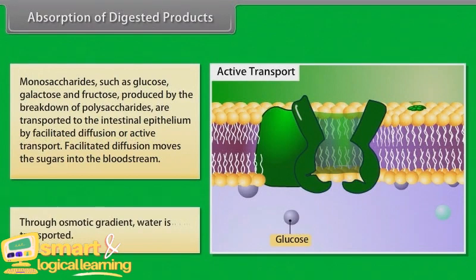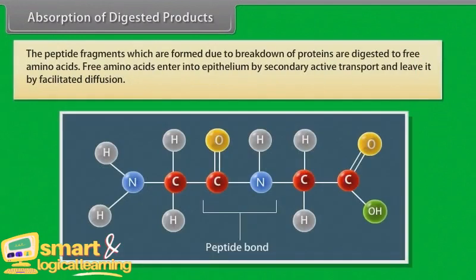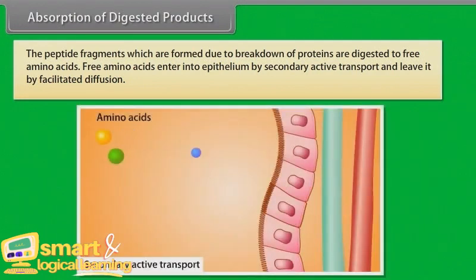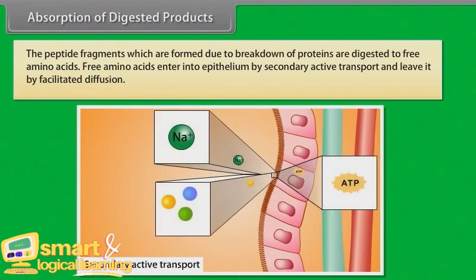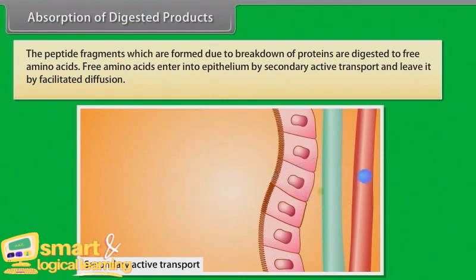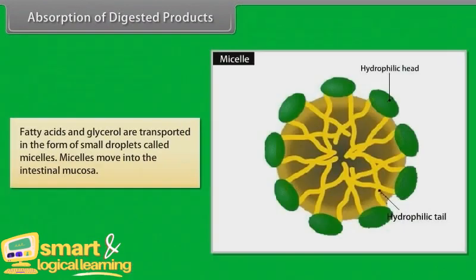Through osmotic gradient, water is transported. The peptide fragments which are formed due to the breakdown of proteins are digested to free amino acids. Free amino acids enter the epithelium by secondary active transport and leave it by facilitated diffusion. Fatty acids and glycerol are transported in the form of small droplets called micelles.